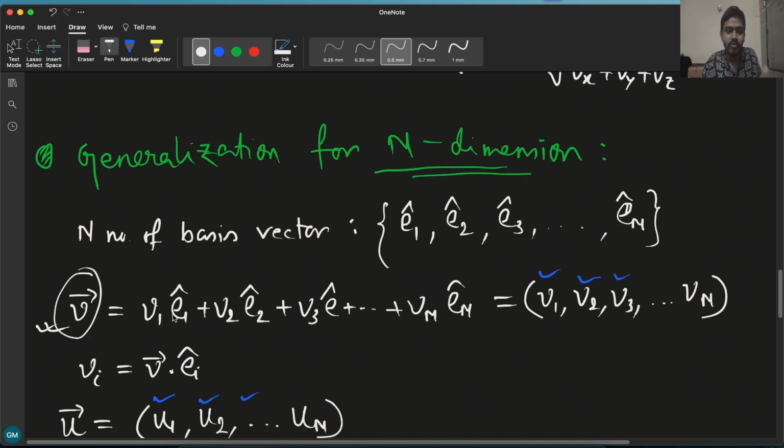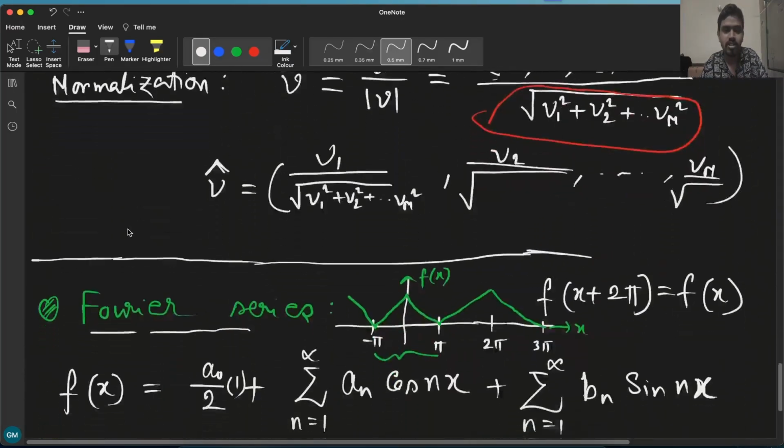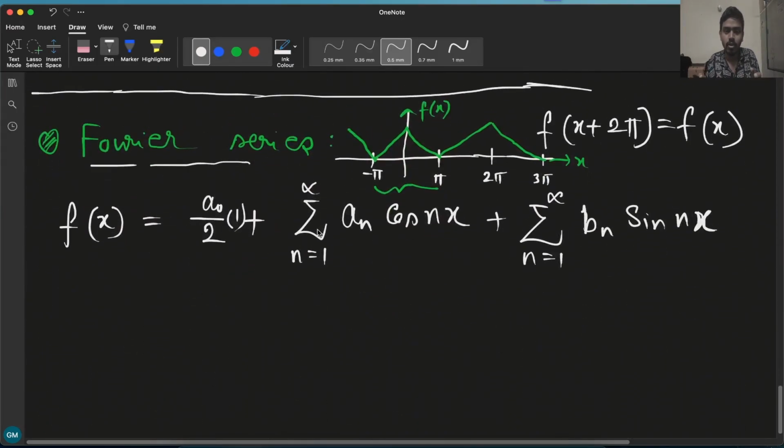If I fix v1, v2, v3, the vector will be fixed. Following the same algebra, this Fourier series is written considering 1, cos nx and sin nx for n equals 1, 2, 3, 4, 5, and so on. Those are the basis vectors, and this an, bn, a0 are the scalar coefficients.